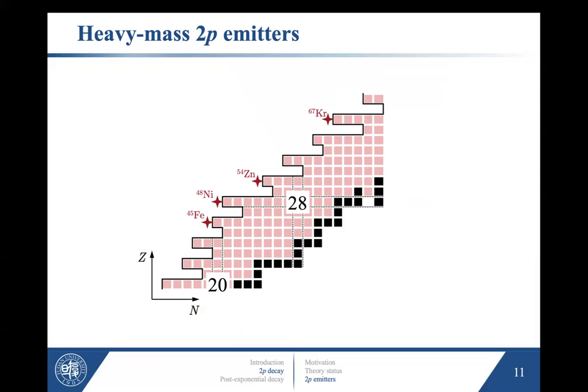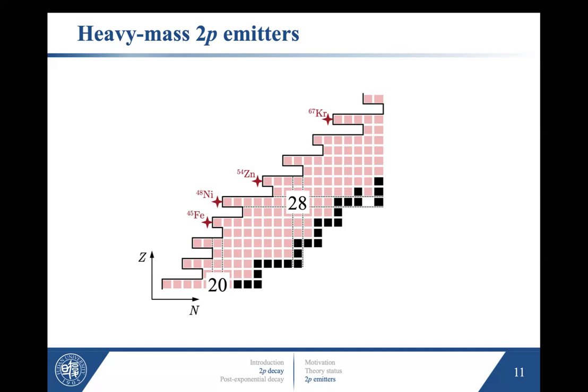Because these four emitters actually go across the pf shells, and some of them are located near the shell closures, but others are in the middle of the two shells, so might have some deformation effect. And this offers us a good opportunity to study the structural evolution as well as its impact on these decay properties.